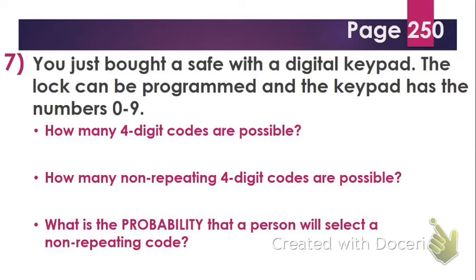Now hold on for a second. Before you grab your calculators, let's think about this. Let's start off with just how many numbers do we have to choose from? Be careful before you answer. 10. 0 counts. That's absolutely correct. 10 numbers on the keypad.